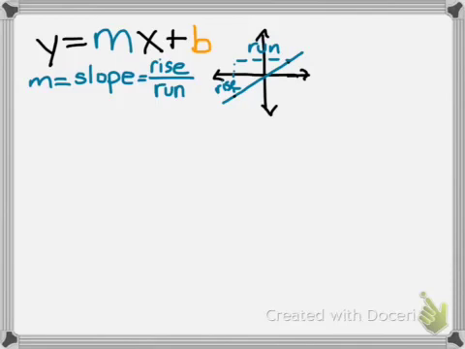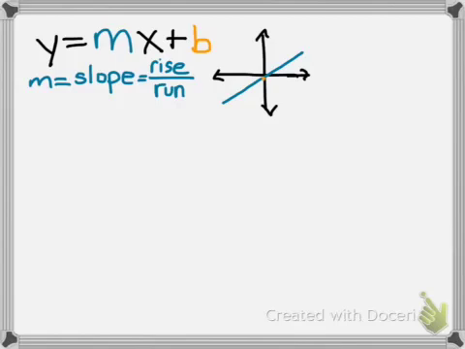The m and the b are the things that we're interested in searching for. So in most of these problems, you're going to be searching for what m is and what b is. We talked a little bit about b, and b, remember, is this point right here. It's wherever it crosses the y-axis.